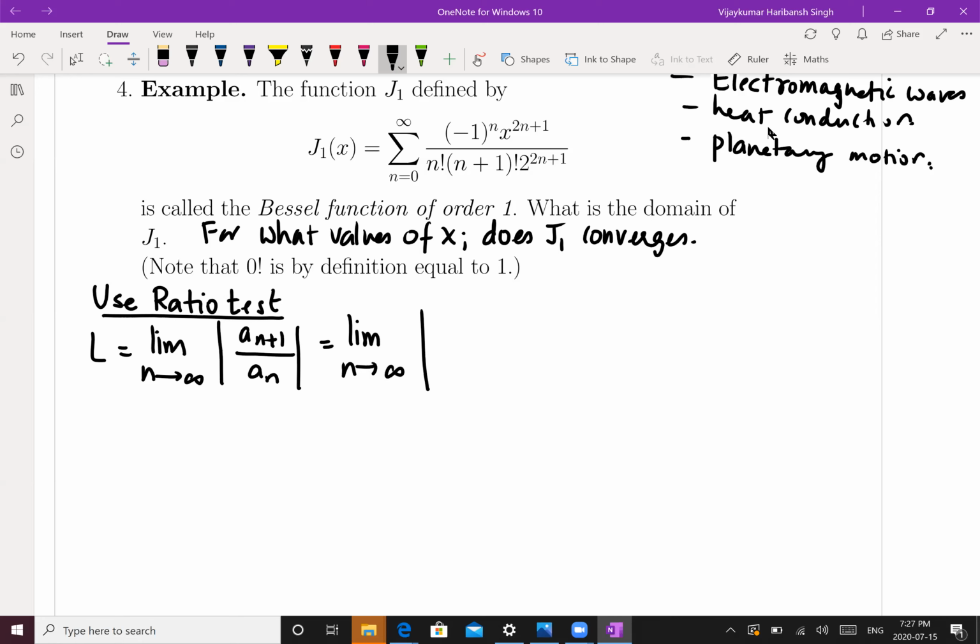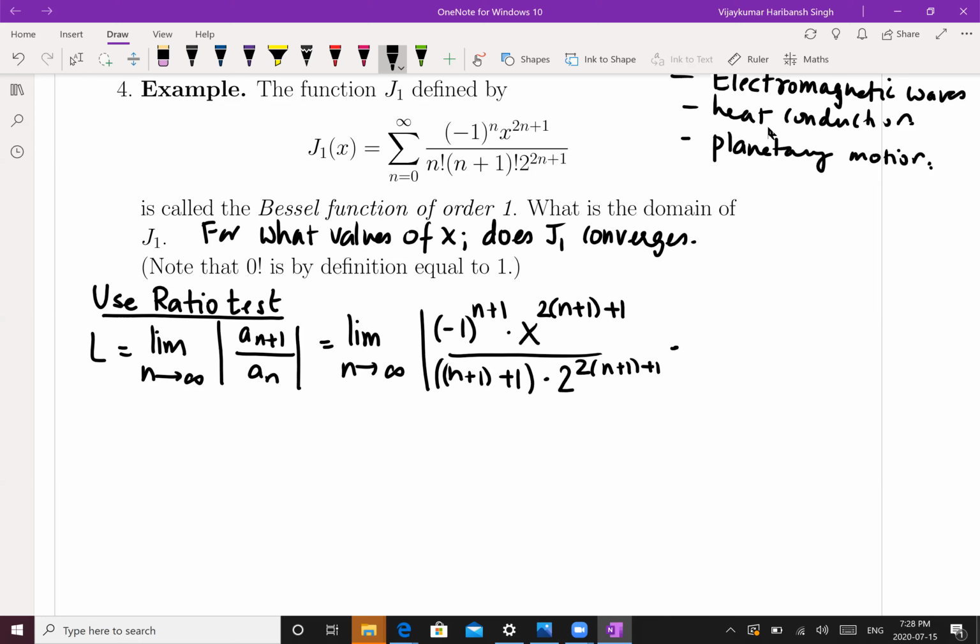So we have minus 1 to the power n plus 1 times x to the power, now instead of n, it is n plus 1. So I'll write n plus 1 plus 1. We'll have n plus 1 plus 1 factorial times 2 to the power 2 n plus 1 plus 1.